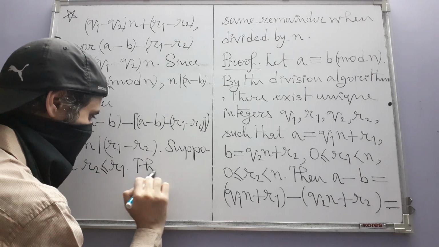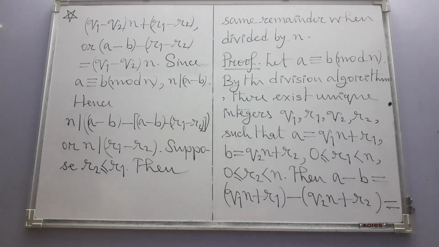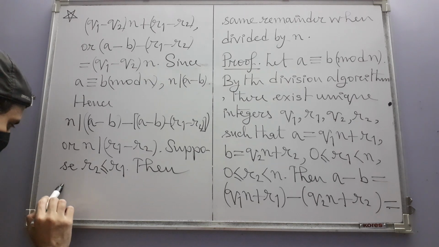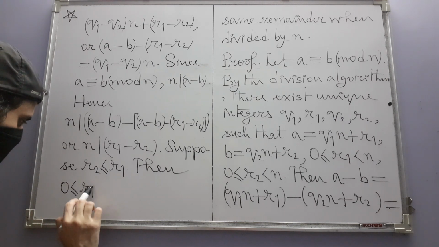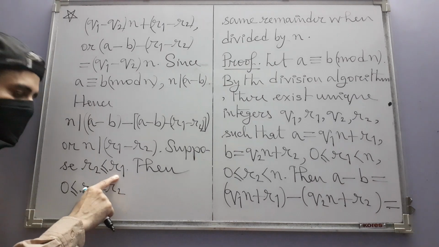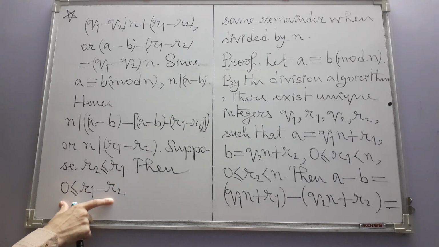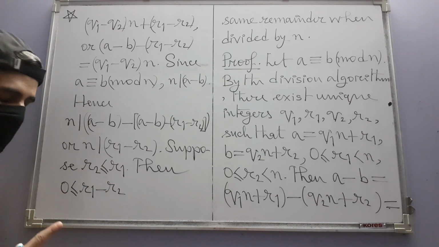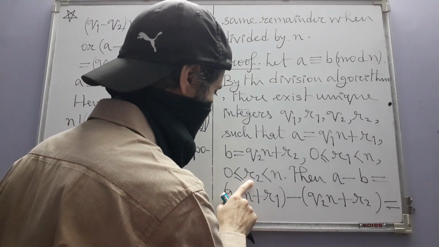Then, okay, now watch this. We are going to use these inequalities. First of all, 0 is less than or equal to R1 minus R2. Why? Because R2 is less than or equal to R1. So from this inequality itself you are getting this. However, note also that R2 is greater than or equal to 0.